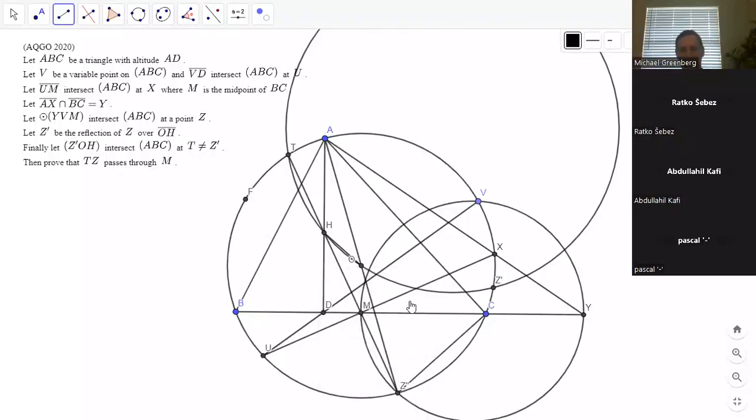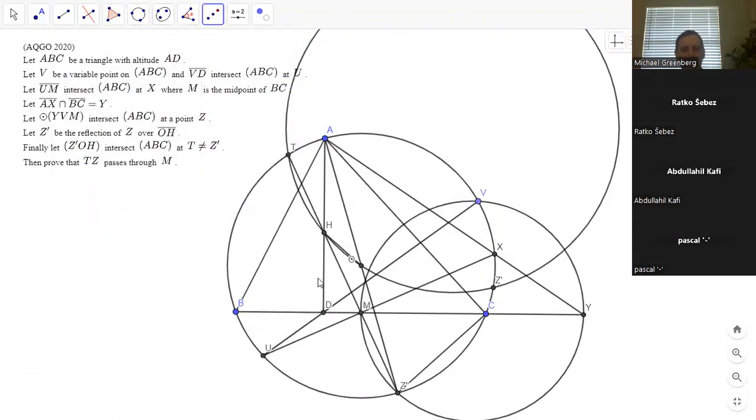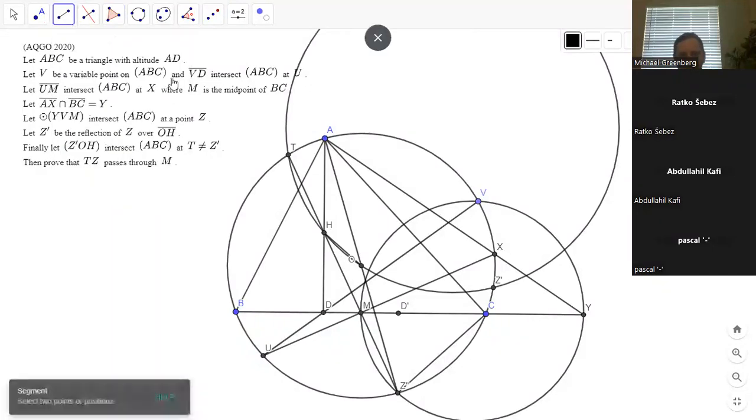All right. Okay, reflect D over M. So you can probably now see how we will use Butterfly. By the Butterfly Theorem, VM and XD prime concur on the circle.